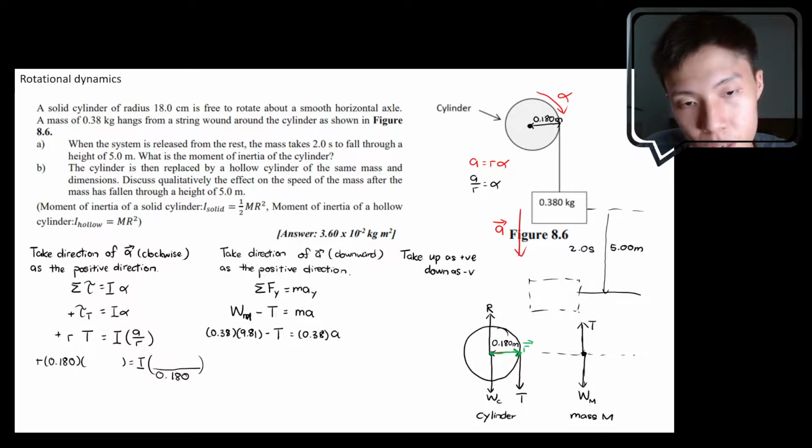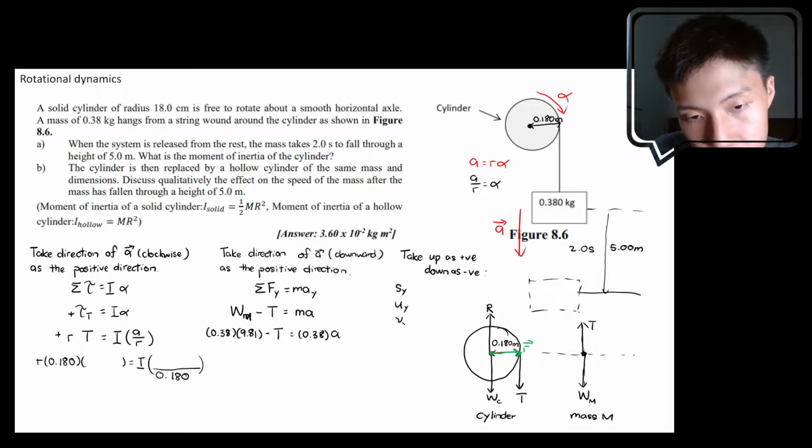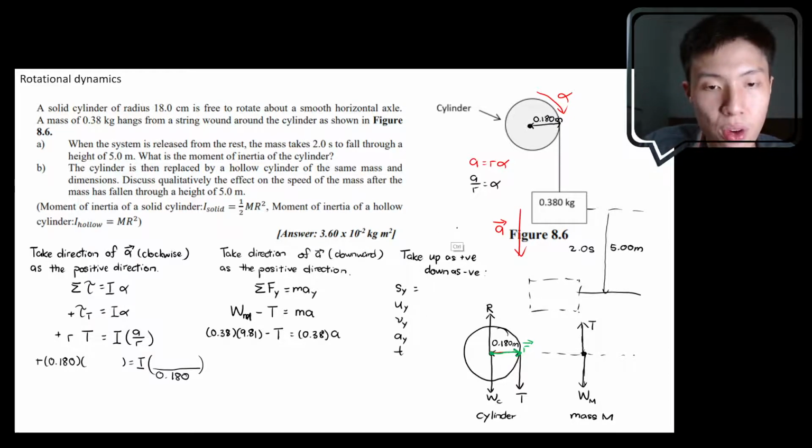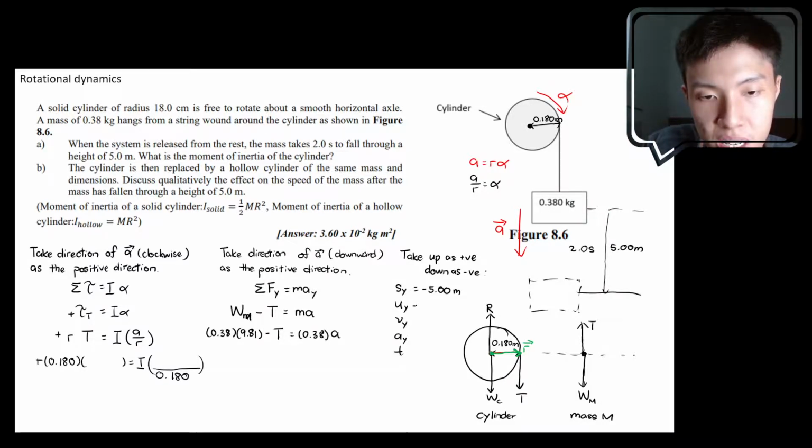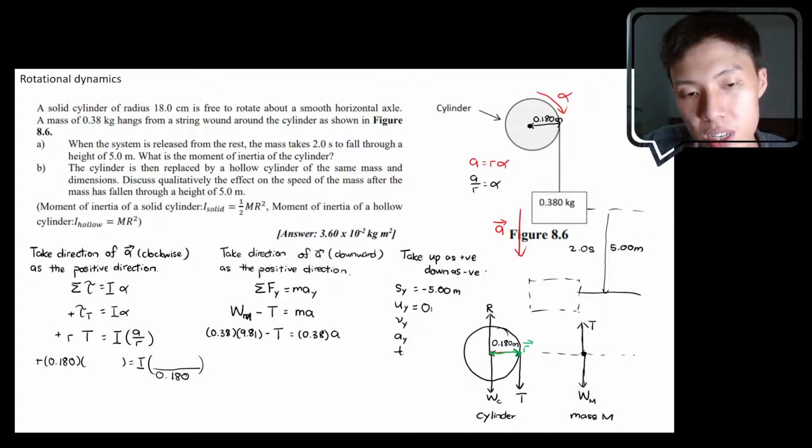So for our Sy, Uy, Vy, Ay, and t, we will fill the blanks first. Sy is the vertical displacement, pointing downwards, therefore it's negative 5.00 meter. How about the initial velocity in the Y component? The object is released from rest, so the Y component of initial velocity is 0.